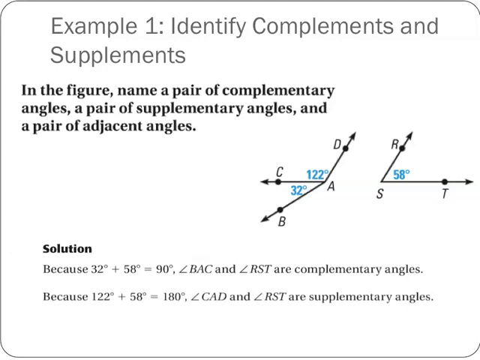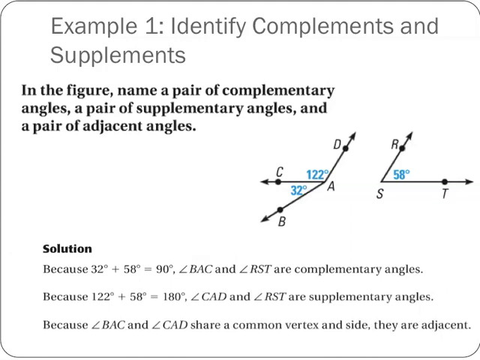Lastly, we have to identify a pair of adjacent angles, so we can see here that we have two angles that share a common vertex at A and a common side, that's the AC ray. So we would say that angle BAC and angle CAD are adjacent angles.